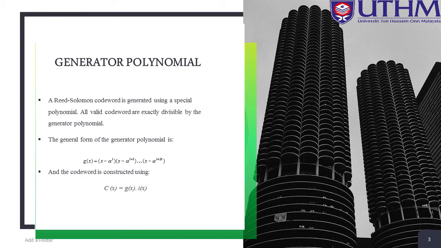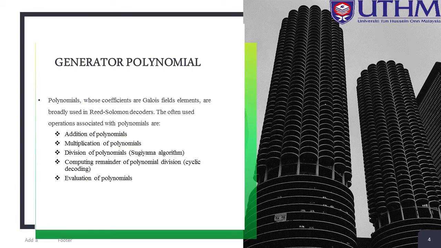Next, polynomials whose coefficients are Galois field elements are broadly used in Reed-Solomon decoders. The often used operations associated with polynomials are, first, addition, second, multiplication, third, division, fourth, computing the remainder of polynomial division, and evaluation of polynomials.